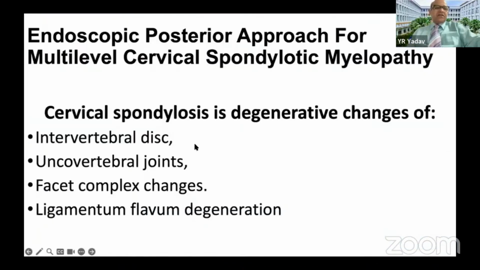The disc lies anteriorly, the oncovertebral joint can produce changes more anteriorly, and facet joint changes produce compression from the posterior side. The ligamentum flavum also compresses from posterior. So these two structures cause compression from anterior and these two from the posterior side mainly.